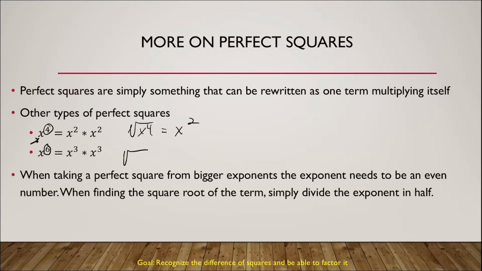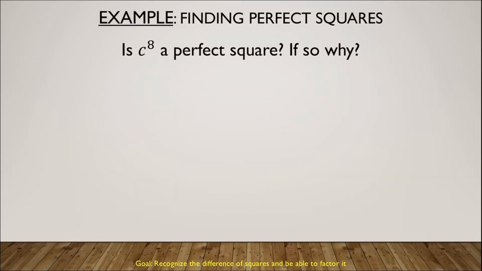So like the square root of x to the 6, like we're showing here, half of 6 would be x to the third. There's my perfect squares. So notice it needs to be an even number.